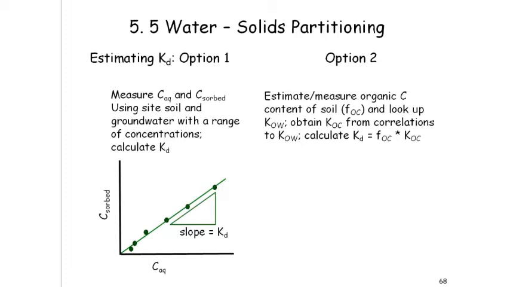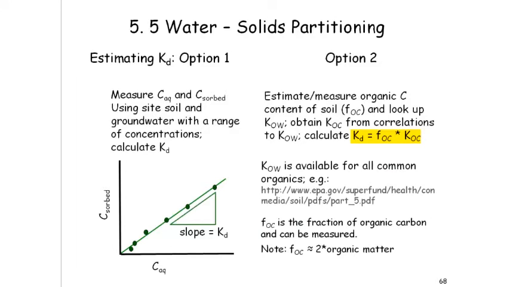KOC is the organic carbon keyed partitioning coefficient. We would then proceed to calculate Kd by the simple formula. Again, the advantage of this method is KOW is available. FOC is a measurable parameter, the fraction of organic carbon in the aquifer. However, the measurement is difficult and not terribly reliable unless it's done by specific, well-qualified laboratories.